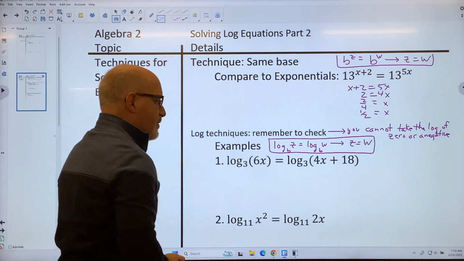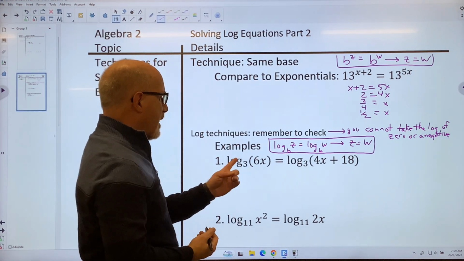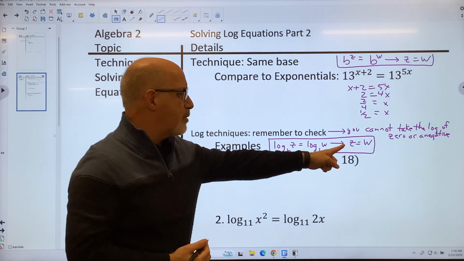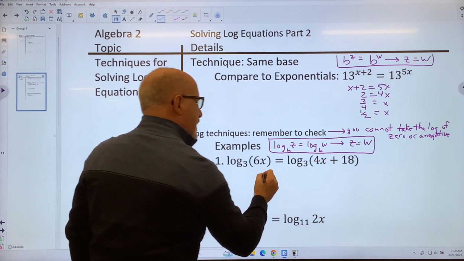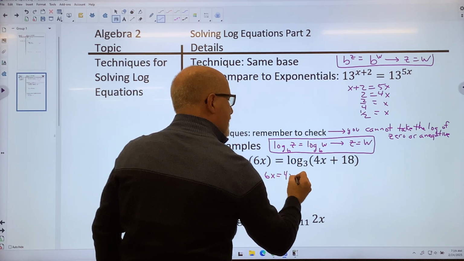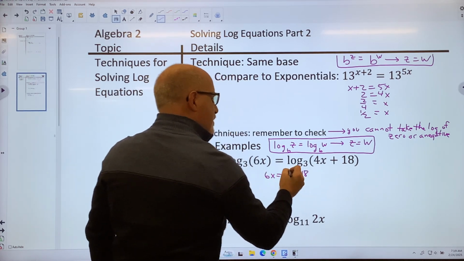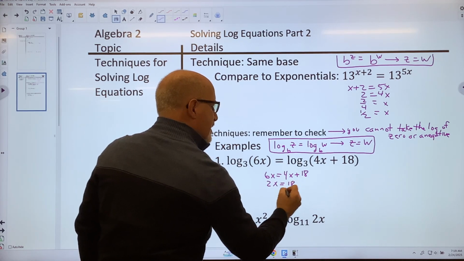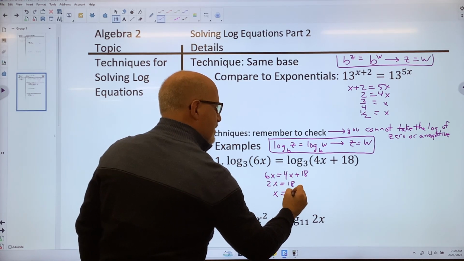All right, so let's look at this first example here. We have the same base on both sides, so we're going to set the inside parts equal according to this. So that's our rule that we now have that we can utilize. We're going to subtract 4x from both sides and get 2x equal to 18. So divide by 2 and you get x equal to 9.